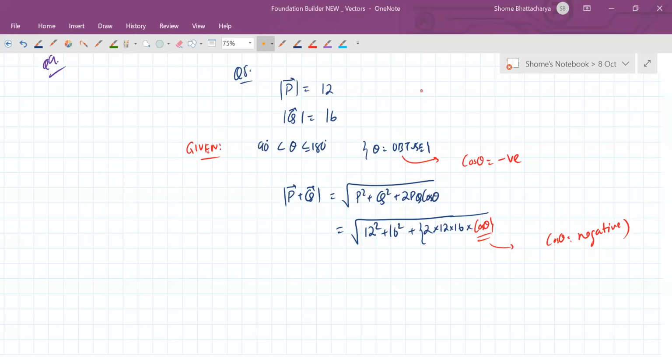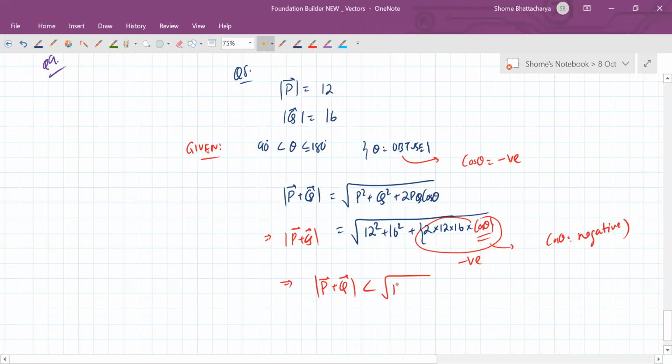Okay. So then what we can say about this? If this is negative, ये पूरा वैल्यू अगर नेगेटिव है, तो ये जो लेफ्ट हैंड साइड है मॉड ऑफ पी प्लस क्यू, ये डेफिनेटली रूट ऑफ 12 स्क्वायर प्लस 16 स्क्वायर से छोटा होगा ना, because you're subtracting something inside the square root, so it is less than 20.